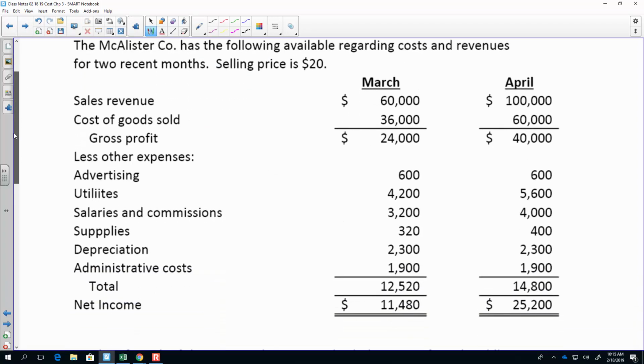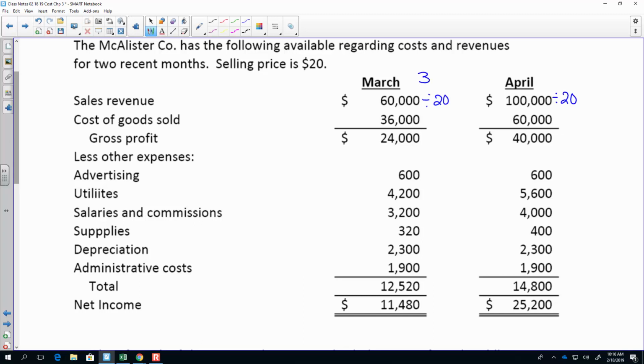This problem is very similar to what we just did. You have 2 budget numbers, March and April and May, and 2 activity levels. To get the activity level, you have to divide by the selling price.